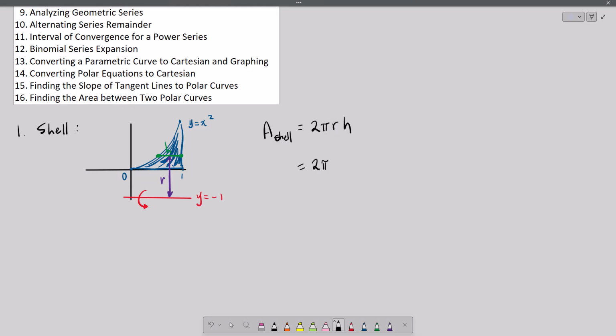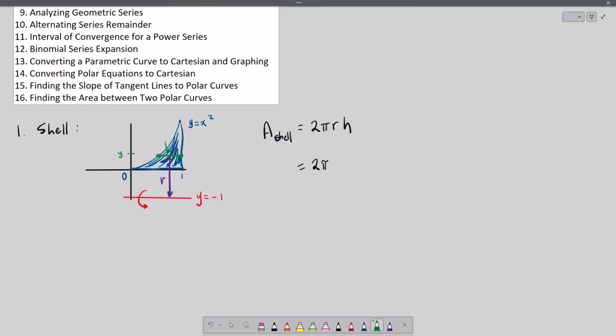If we had a vertical integration element, its thickness is dx, and we would integrate with respect to x. So we know that we are integrating with respect to y. So we're thinking about the thickness right here. This element is at a random y. So we can think of that as just at a random y.